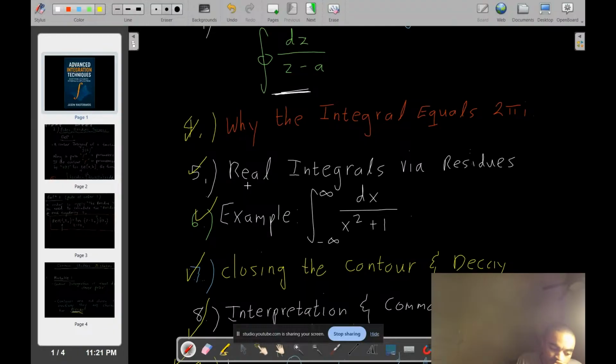Everything you saw tonight, decay, real integrals, complex integrals, poles, was developed in a rigorous step-by-step way from my book, Advanced Integration Techniques, where we look at applying integrals and mathematical methods.